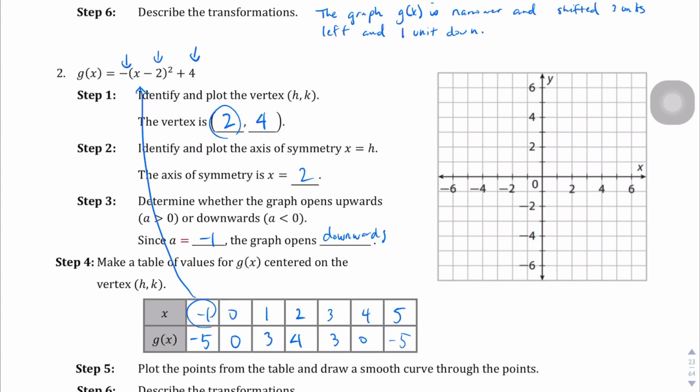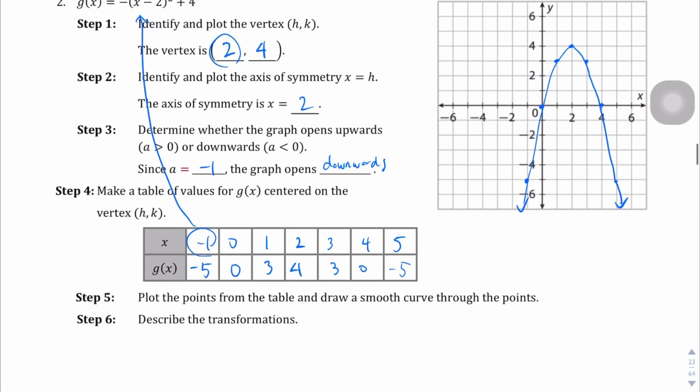So let's go and graph this. Negative 1 comma negative 5, 0 comma 0, 1 comma 3, 2 comma 4, 3 comma 3, 4 comma 0, 5 comma negative 5. Right, so we get this graph that opens downwards. Okay, so let's describe the transformation.